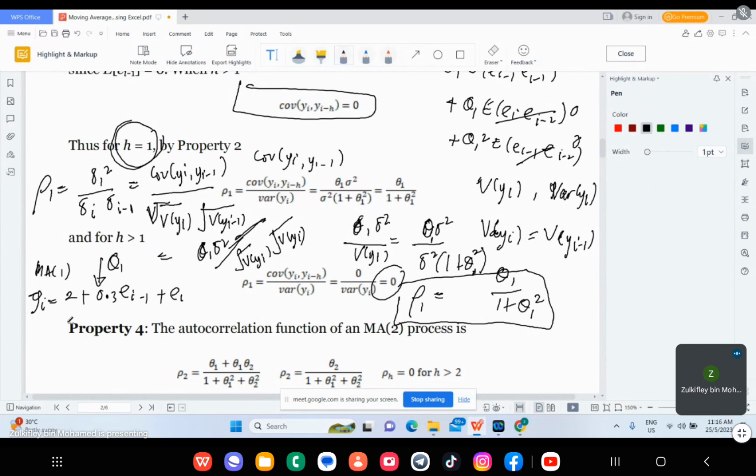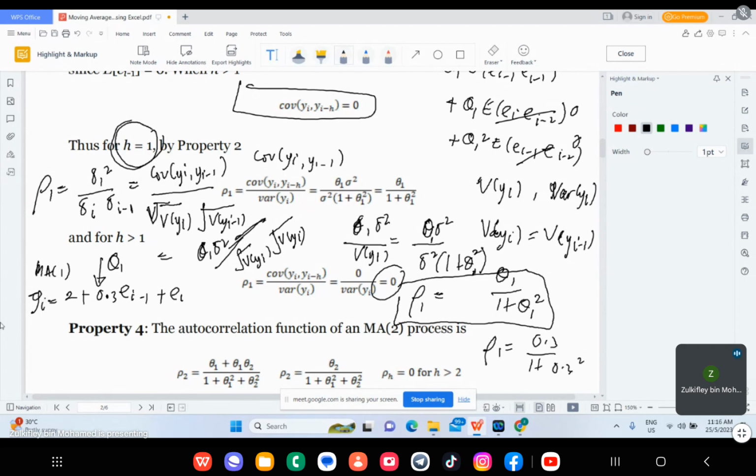So from here, we can get our autocorrelation function rho1. Your autocorrelation rho1 is equal to, your theta 1 is 0.3, over 1 plus 0.3 square. Awak tak payahlah calculate correlation lagi.